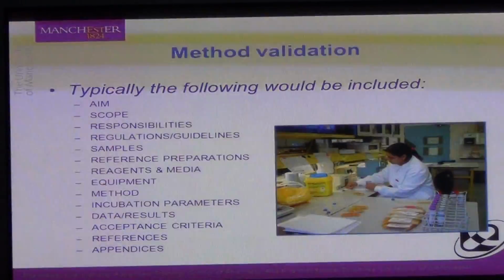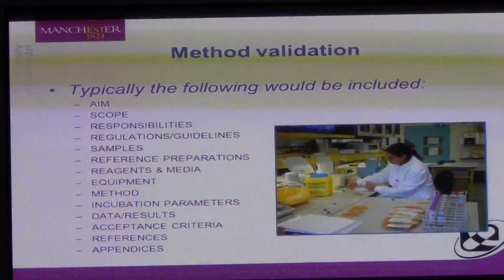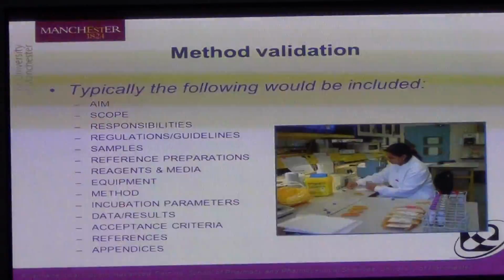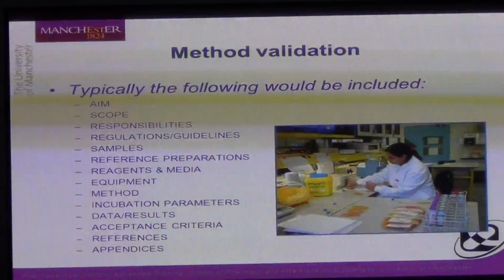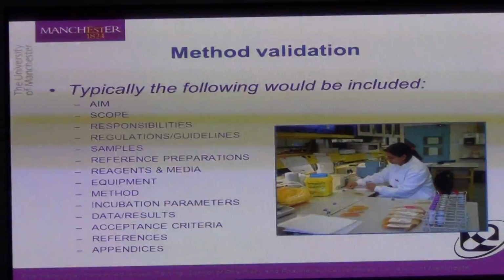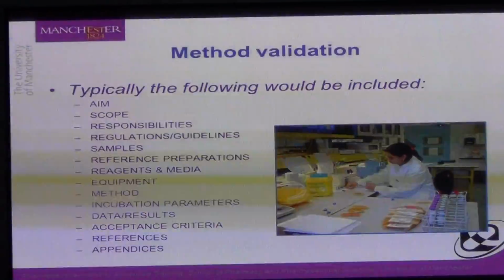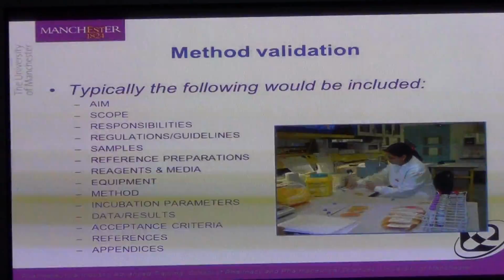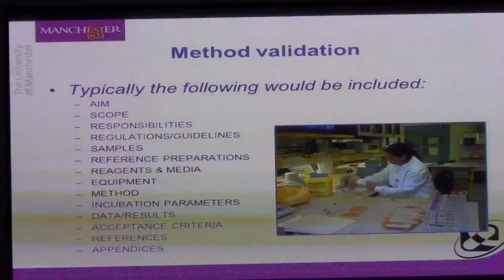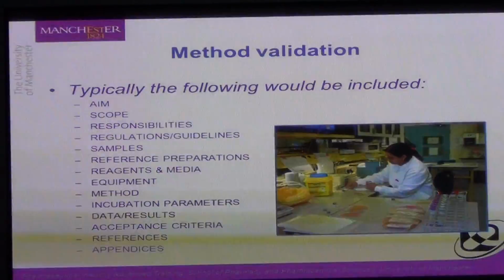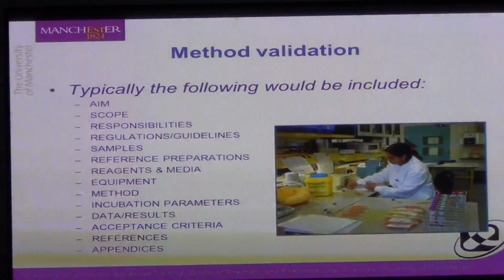Now this might include the use of challenge microorganisms, and for instance where you're going to get those microorganisms from, what particular type of culture collection. Reagents and media, incubation parameters, very important for environmental monitoring, and how are you going to analyse the data and interpret it and work out whether your study has been successful or not.